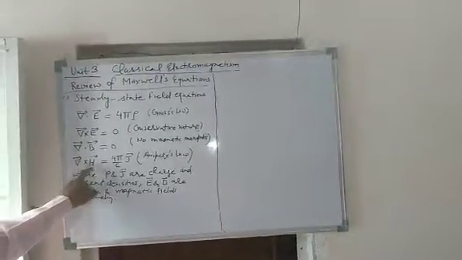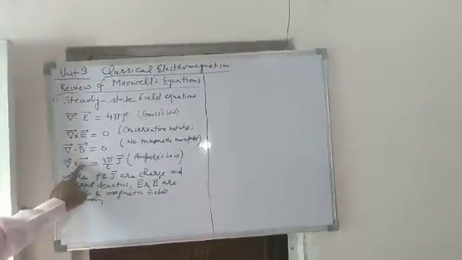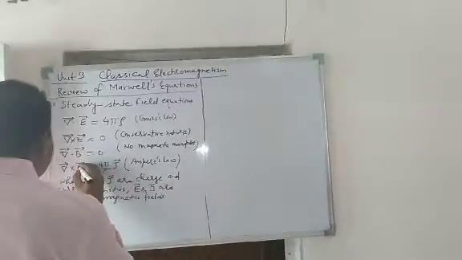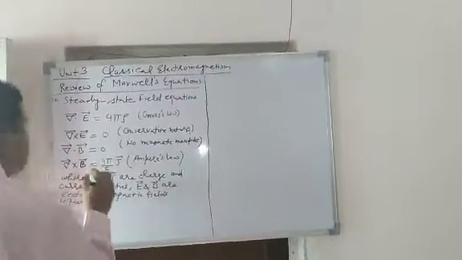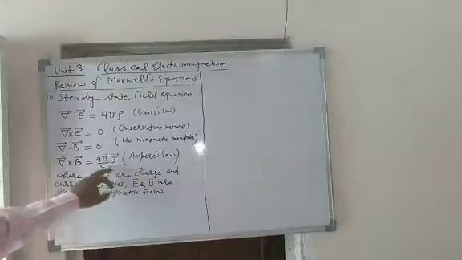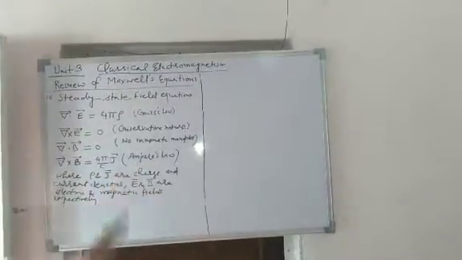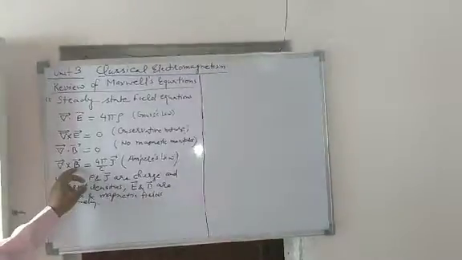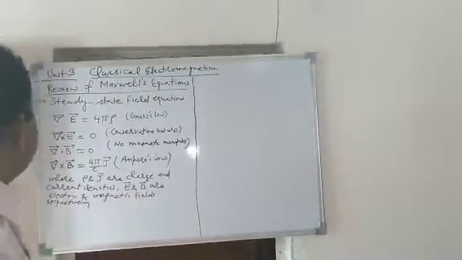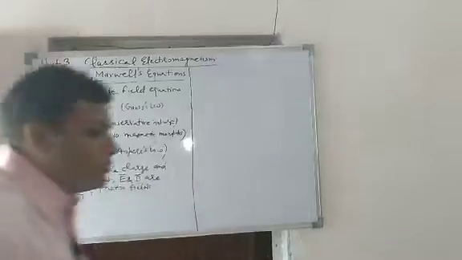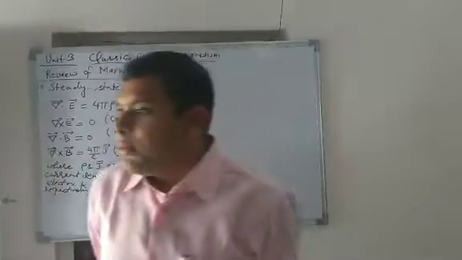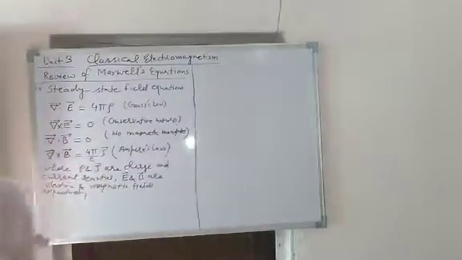And del cross B should be equal to 4 pi by C J. This is actually Ampere's law, and according to this, the magnetic field works normal to the direction of the propagation of the charges or the current.